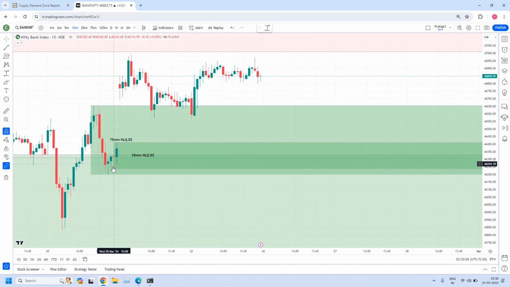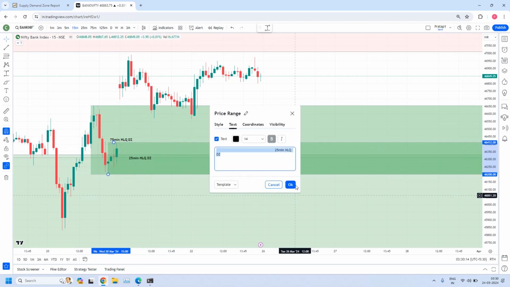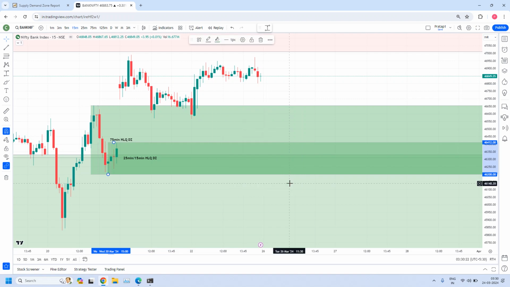So at 25 minutes, the distal line is extended. Let me adjust to the 15 minutes level. Let me just add the text 25 minutes / 15. That means the same zone is supporting 25 minutes and also 15 minutes.